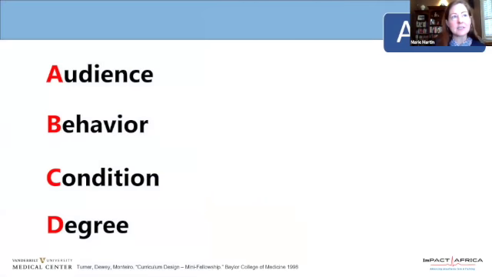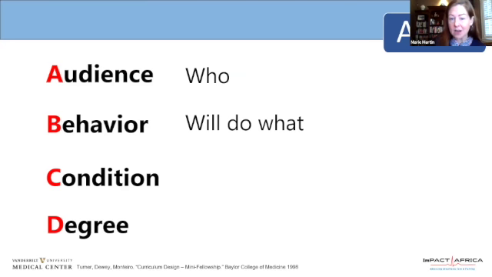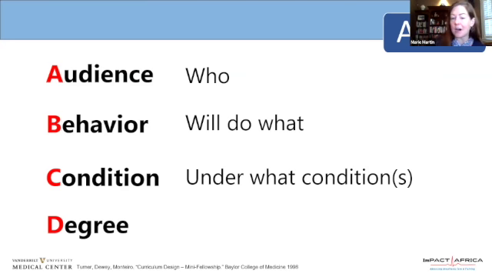So the first is this idea of audience, behavior, condition, and degree. So your audience is who, your behavior will do what, your condition under what conditions, and how much or how well, so to what degree.